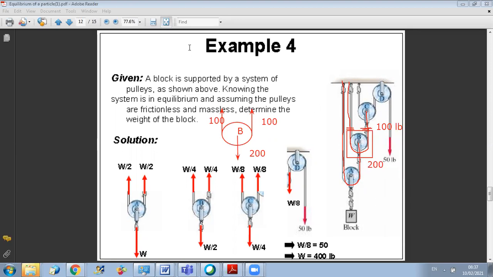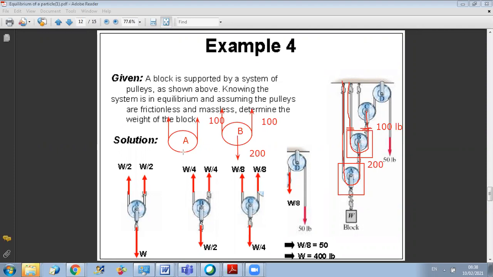Now I can isolate pulley A. And when I draw the free body diagram for pulley A, the upward forces will be each equal to 200 lb, and therefore the downward force will be 400.